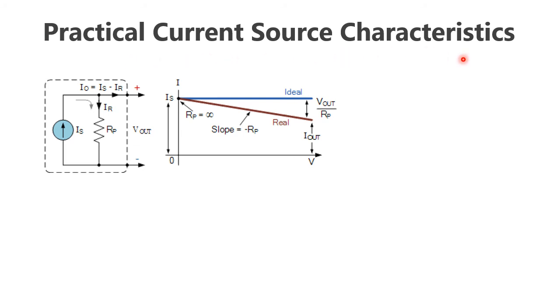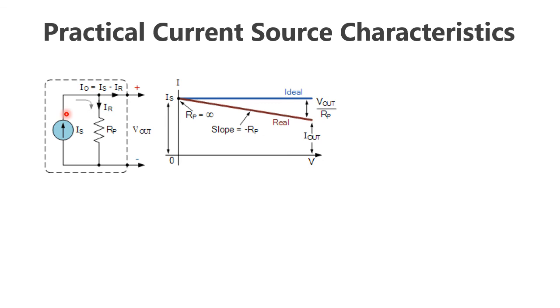Practical current source characteristic. From this circuit we can plot the characteristic curve like this. There are two conditions considered. This blue line is for the ideal condition, this red line for the real condition. So they have plotted the VI characteristic curve.